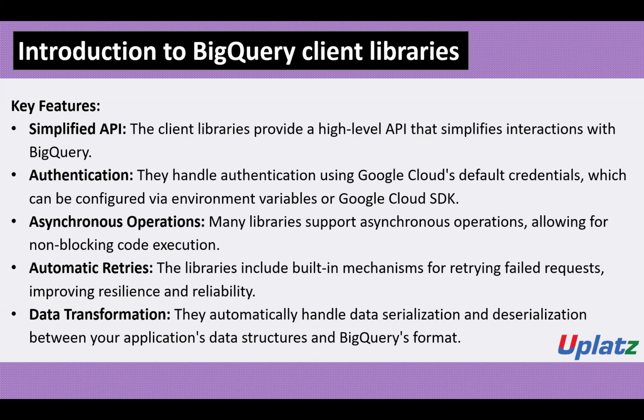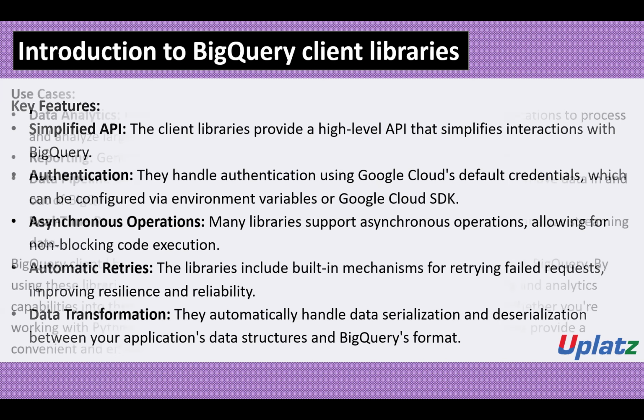Many libraries support asynchronous operation, allowing for non-blocking code execution. Next is automatic retries. The library includes a built-in mechanism for retrying failed requests, improving resilience and reliability. Next is data transformation. They automatically handle data serialization and deserialization between your application's data structure and BigQuery's format.